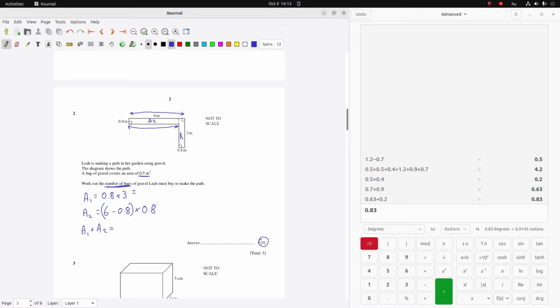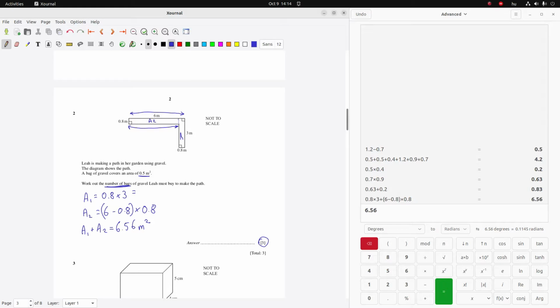Let's do the whole calculation over here in one time. 0.8 multiplied by 3 plus, and now open brackets, 6 minus 0.8 close brackets multiplied by 0.8 gets us 6.56 meters squared.